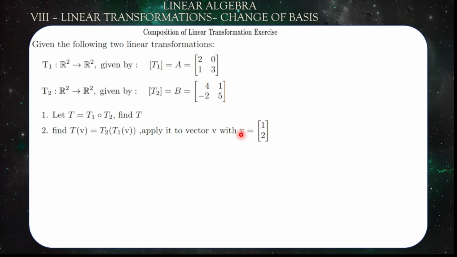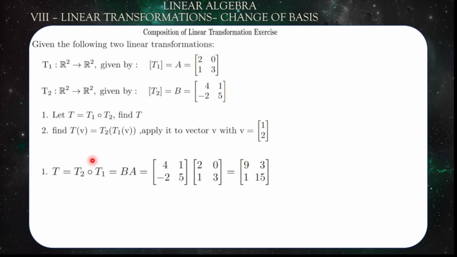Now, starting from 1, T is equal to T2 o T1, which is B times A, or 4, 1, minus 2, 5, multiplied by 2, 0, 1, 3.